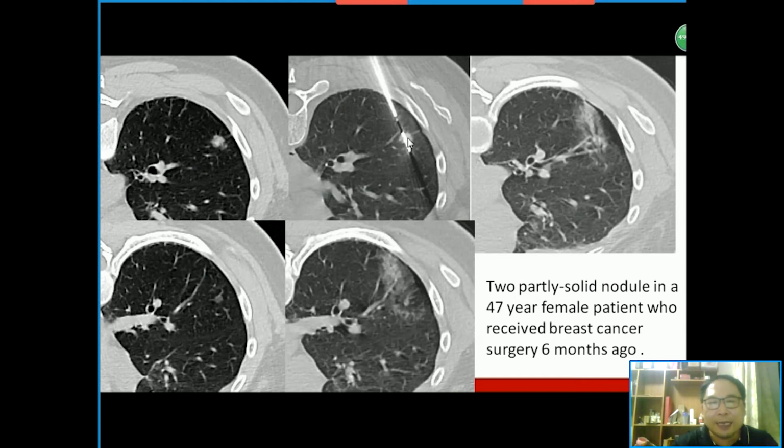So at first, before the operation, I did a biopsy of the lesion, and then did ablation of the lesion. After ablation, we can see that this lesion became shrinked.